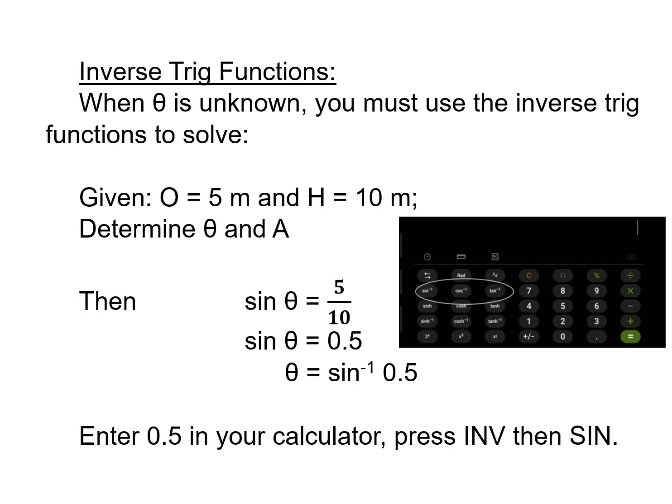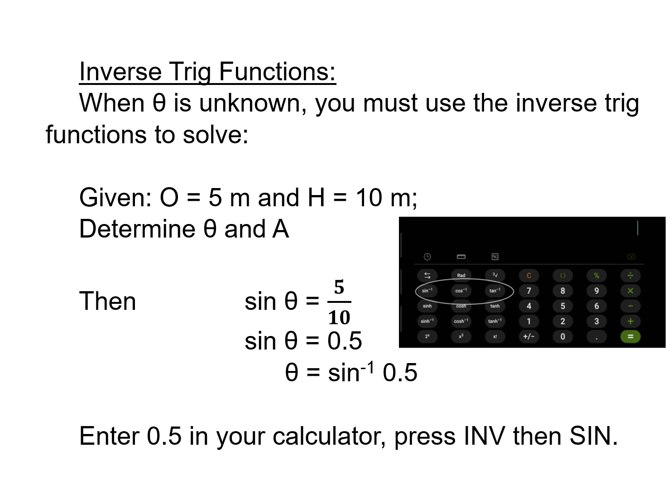So what we were looking at before, we were getting kind of close to having to use an inverse trig function, okay? When your angle is unknown, you have to use the inverse trig function to solve for it. If you're looking at your calculator, pull out your calculator right now and follow along with me.